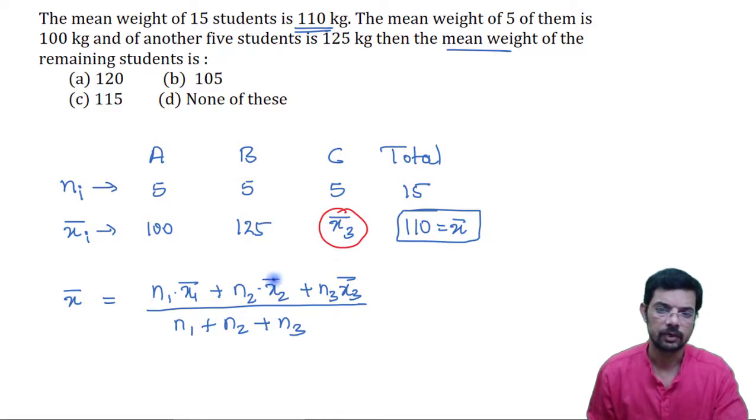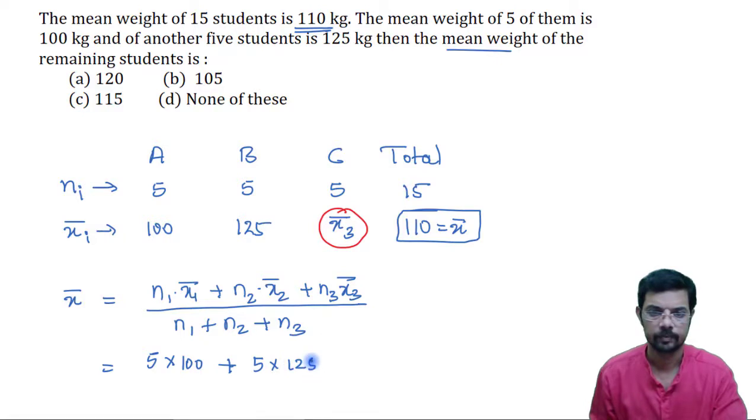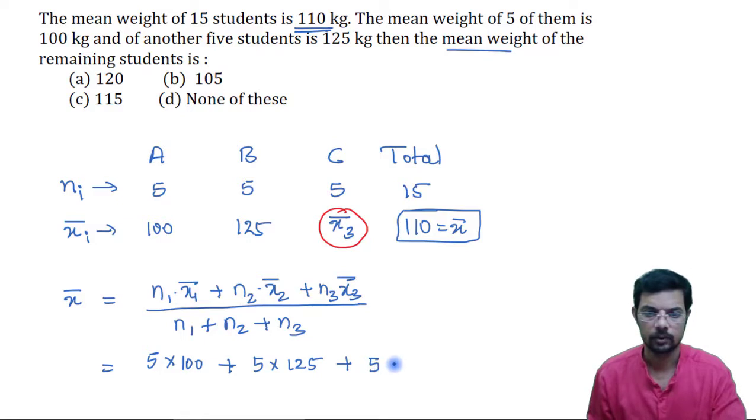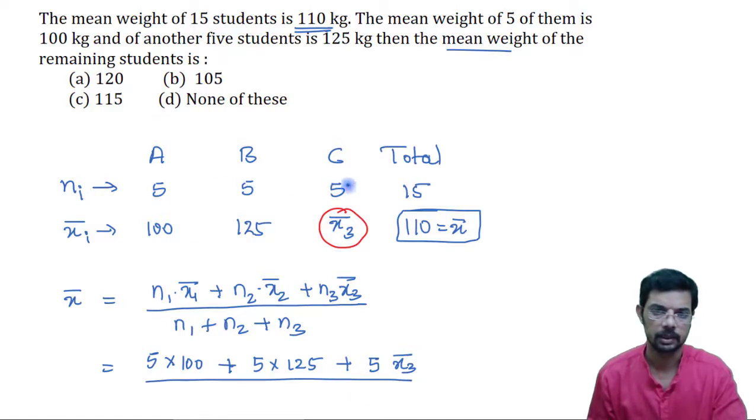Now we shall put these values in the formula. This is equal to n1 into x1 bar, that is 5 into 100, plus 5 into 125, plus n3 into x3 bar, that is 5 into x3 bar, divided by n1 plus n2 plus n3, which is equal to 15. x bar is also given to you as 110.